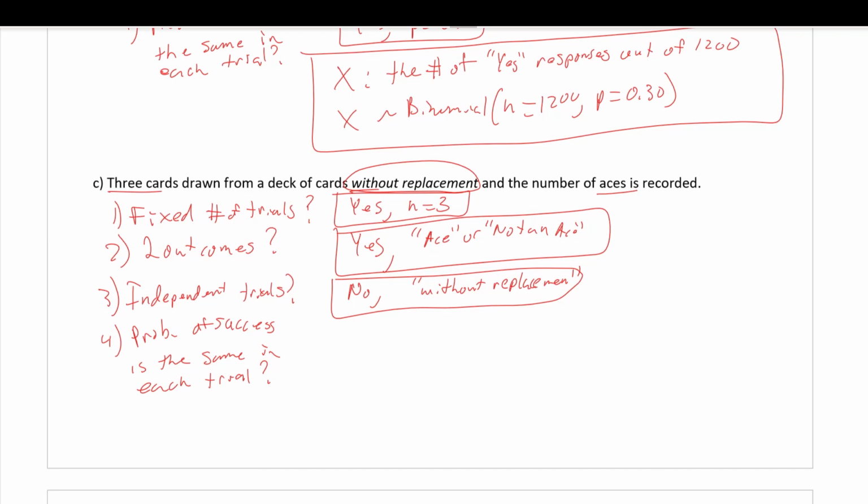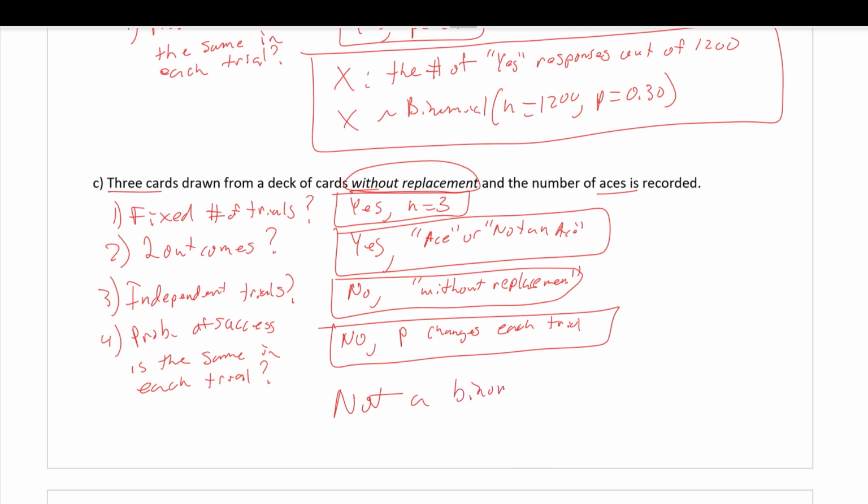Because it wouldn't be out of 52 cards anymore. So it would change. So again, no. P changes each trial. It would also change whether you got an ace or not in the first trial, right? So, again, in this case, not a binomial experiment.